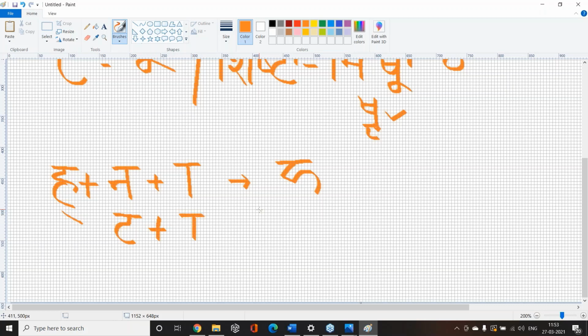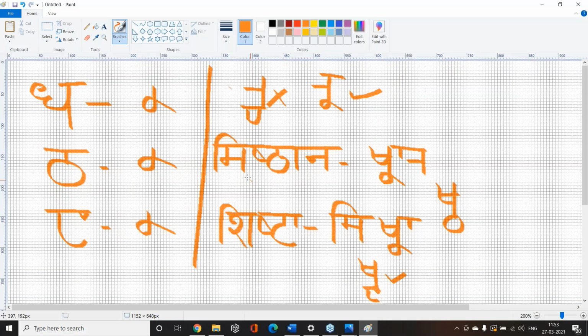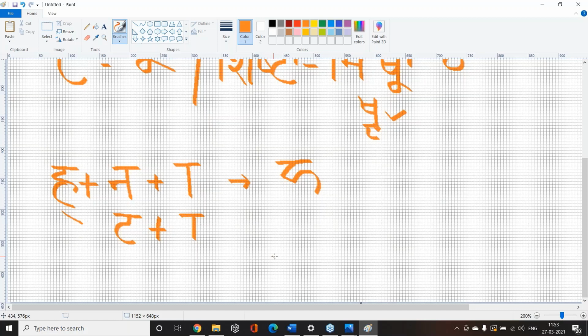Now there are two ways of writing it, as we have already seen. That there are two ways of writing ta when written below. So first we will see the normal way of writing ta, which is like this. Now I'm attaching matra a here and here as well. And now we'll see the other way of writing that we just learned.